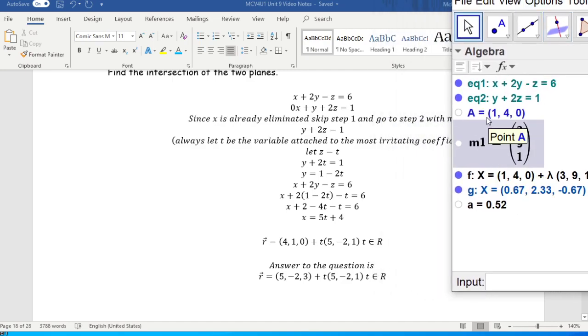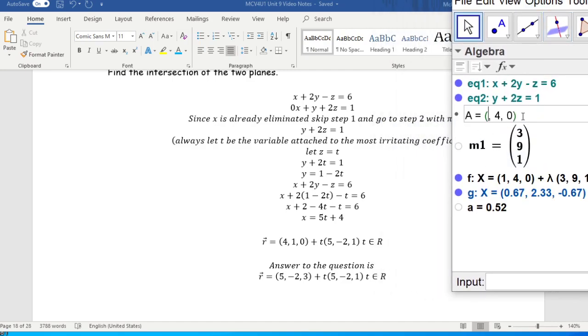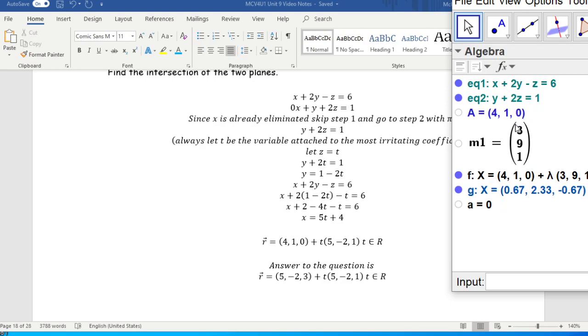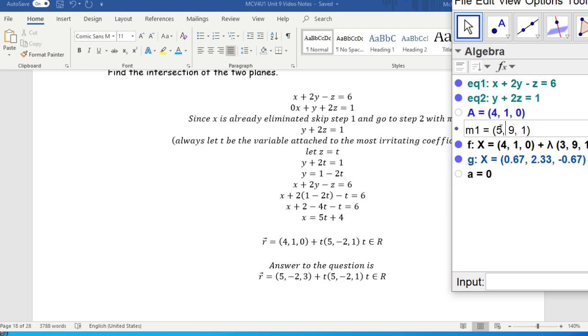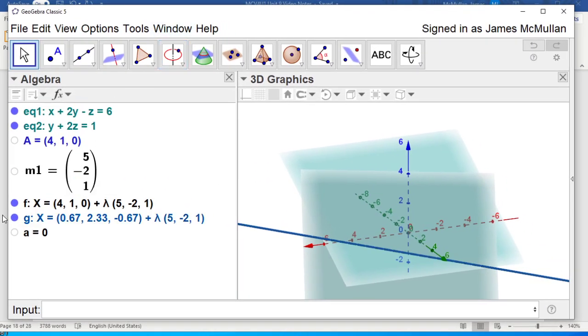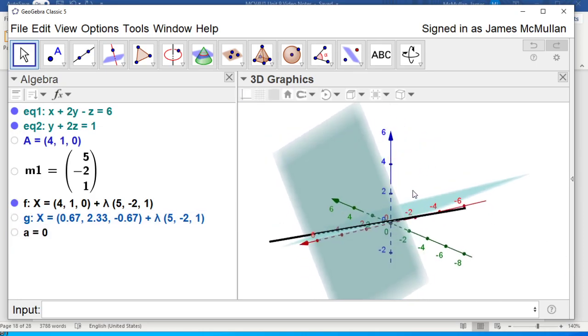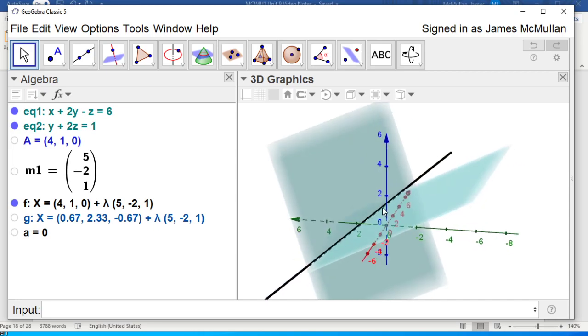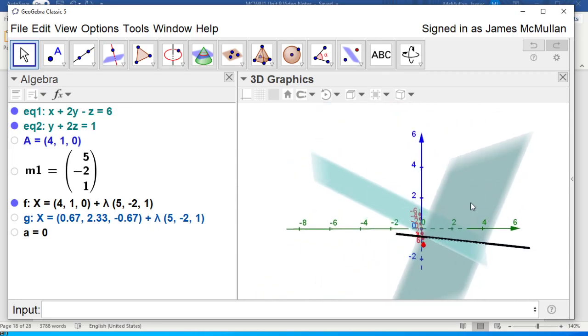Okay, what did I say here? So the point was (4, 1, 0). The direction vector was (5, -2, 1). And if I look at that line, so let's hide this for a sec. Okay, so my line looks good. Looks like it intersects both of them, as it should.